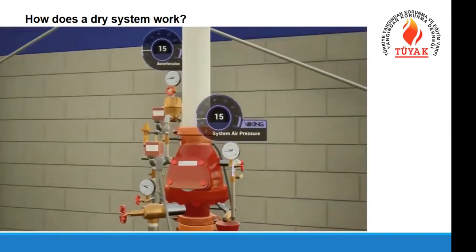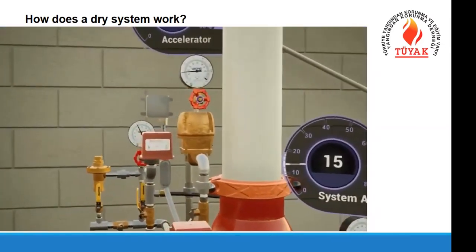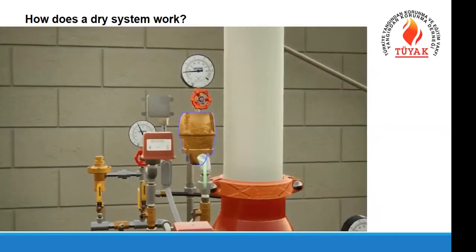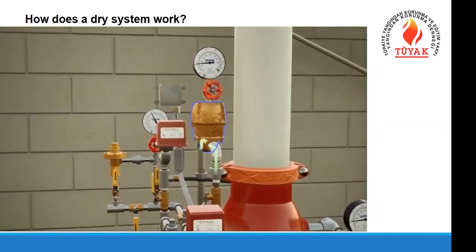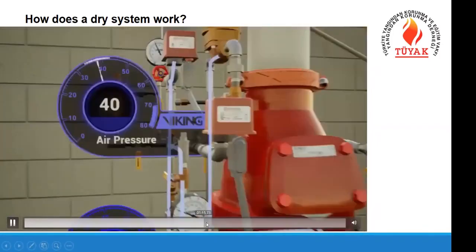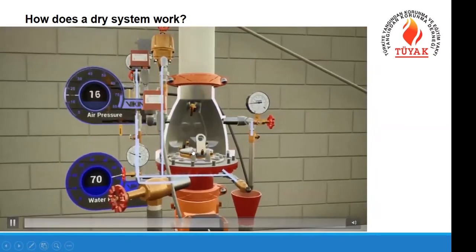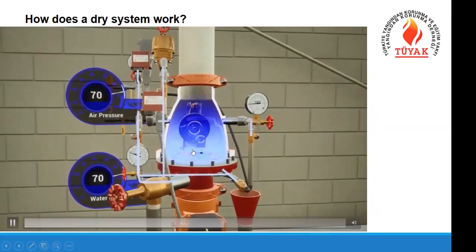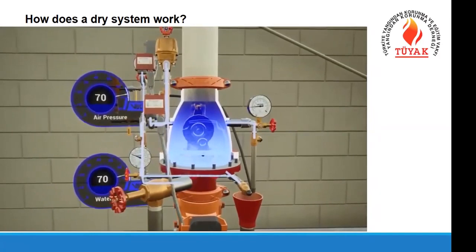So the air pressure is reducing. When the pressure drops, the valve opens. The valve clapper inside the valve body opens and releases the water inside the pipe.